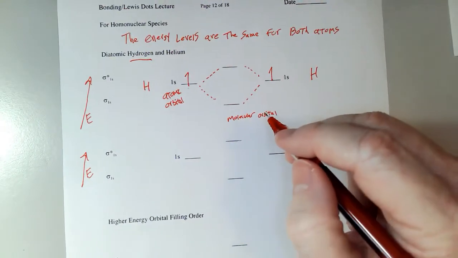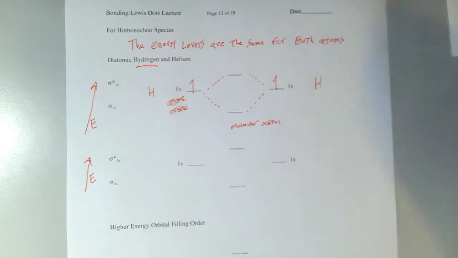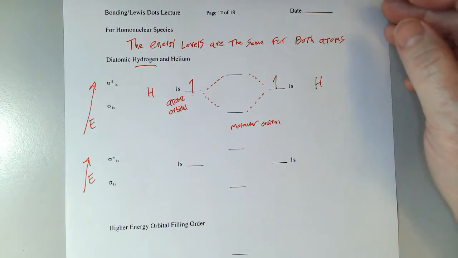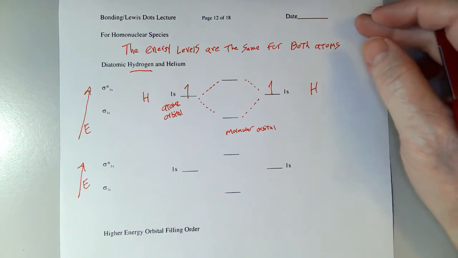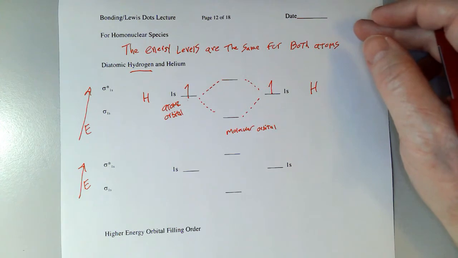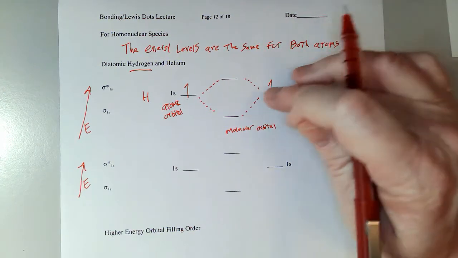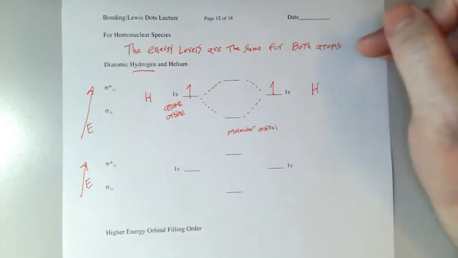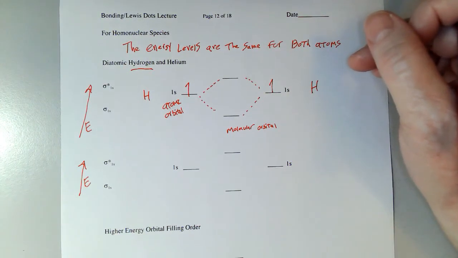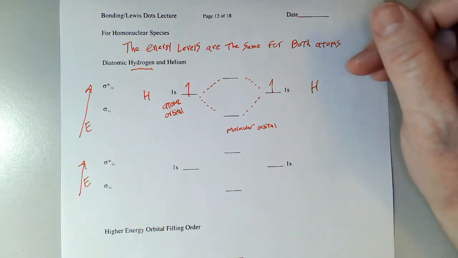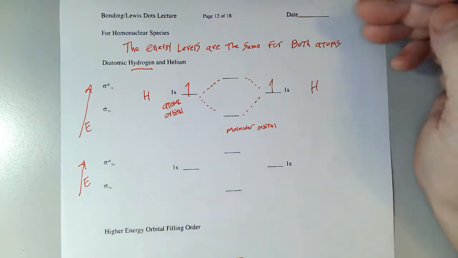Now, when we talked about electrons as a wave function, we said that it's possible to have both constructive interference of that wave function and destructive interference. And when two electrons, like these two, come together and form a molecular orbital, you're going to have constructive interference and destructive interference of those wave functions.